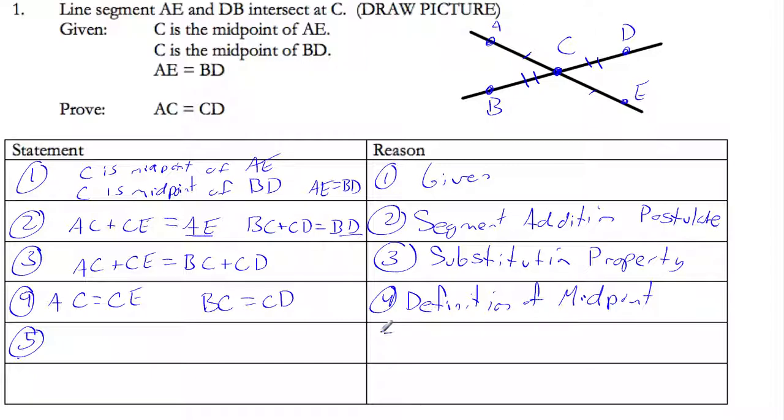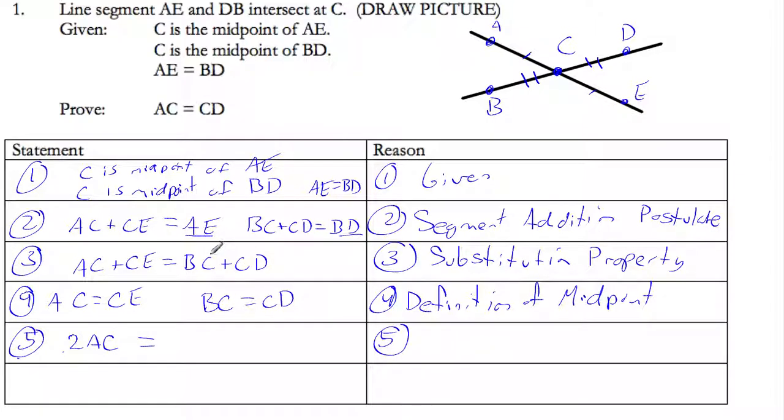So this is the part that I was missing before. If I replace CE with AC, I get AC plus AC, which is 2AC.